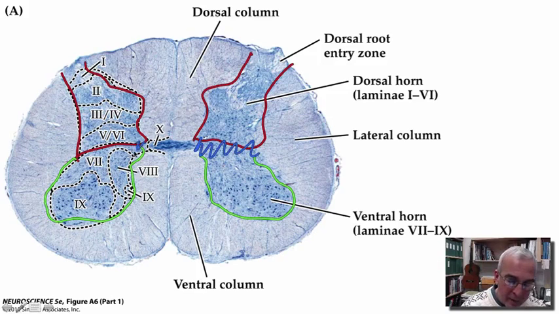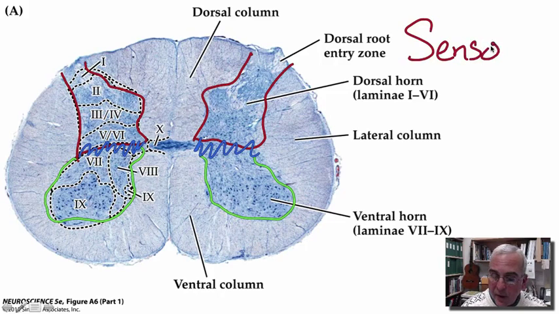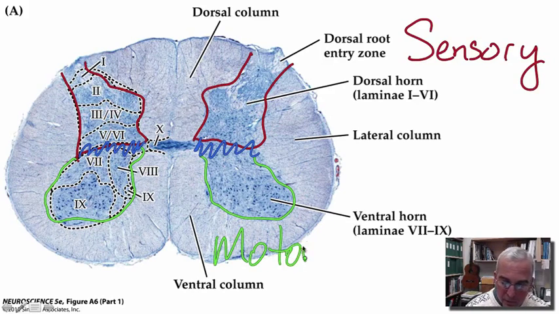We'll come back and talk about that as we get into different levels of the spinal cord. But the dorsal horn and the ventral horn provide us with our basic dichotomy between a sensory zone of gray matter, which is what we find in the dorsal horn, and a motor zone, which is what we find in the ventral horn.